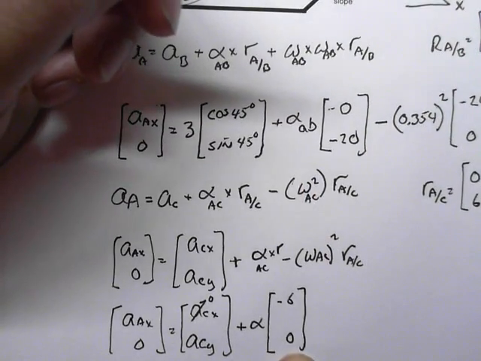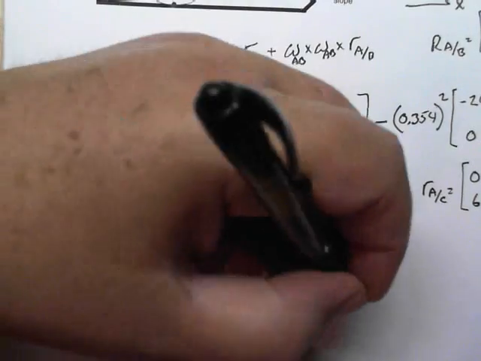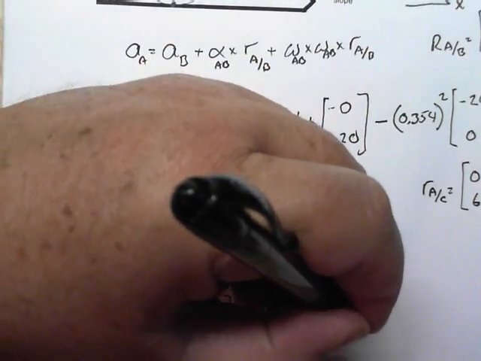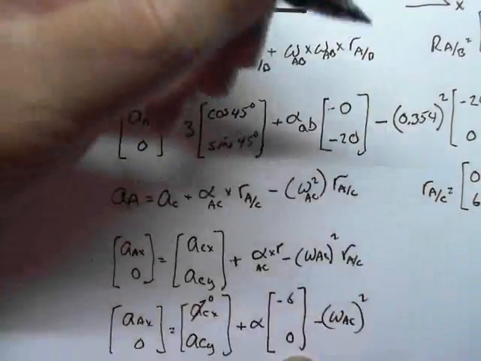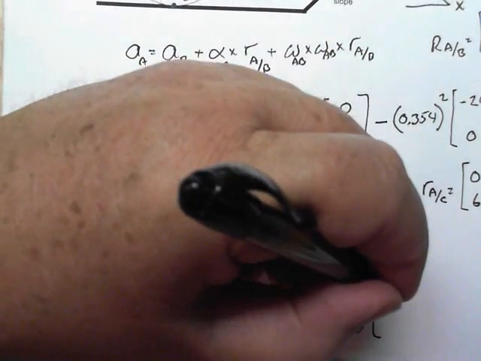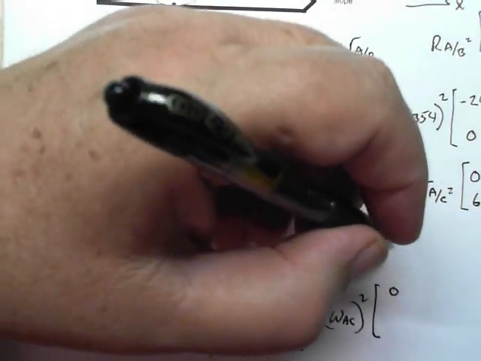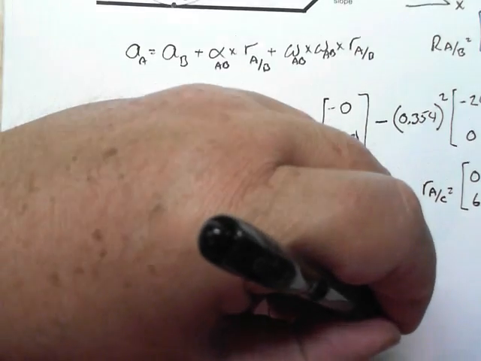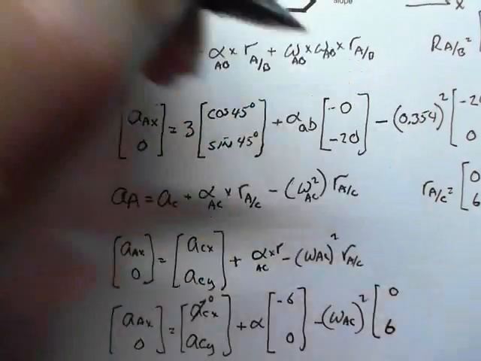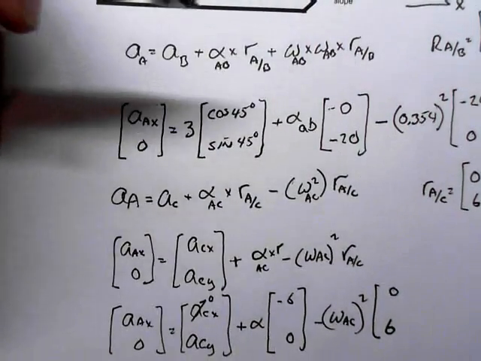So we've done the vector flip-flop. Then minus omega AC quantity squared, 0 and 6. And so let's see how this turns out.